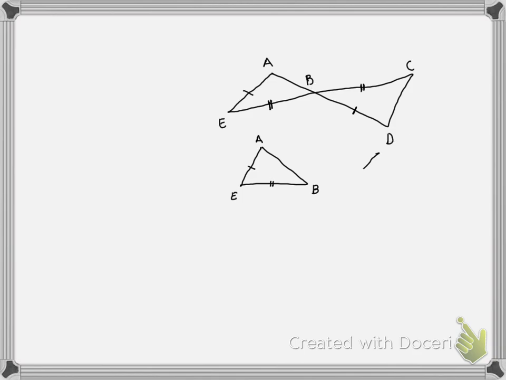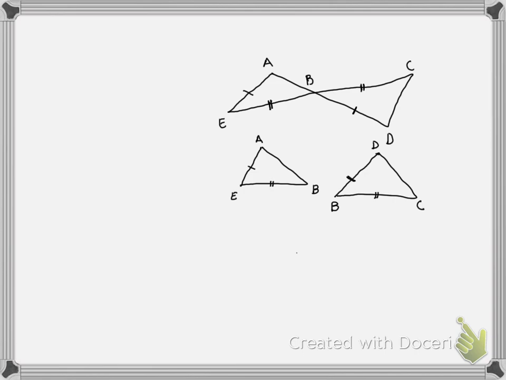So if we turn that triangle, D, C, B. So DB is right there, and BC is right here. So what we can see is that those sides are corresponding to one another, okay? So far we've got SS. Unfortunately, SS is not a triangle congruence theorem. We'll get to that when we deal with similarity, but as far as triangle congruence, SS ain't gonna cut it.